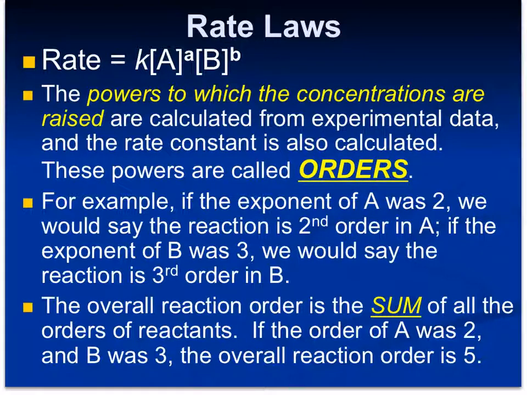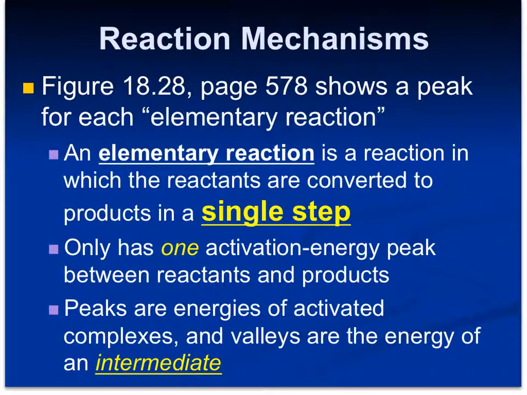For example, if the exponent of A was 2, we would say the reaction is second order in A. If the exponent of B was 3, we would say it is third order in B. The overall reaction order is the sum of these orders. So if we take the 2 from A and the 3 from B, the overall reaction is a fifth-order reaction.